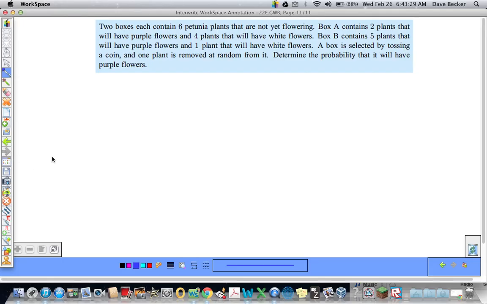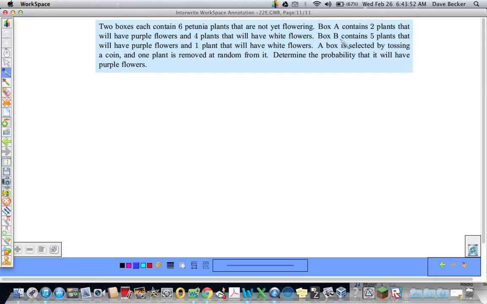All right, let's move on with our last example, and we are going to talk about some flowers. We got 2 boxes. They each contain 6 petunia plants that are not yet flowering. Box A contains 2 plants that will have purple flowers and 4 plants that will have white flowers.